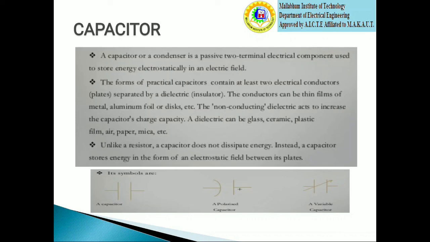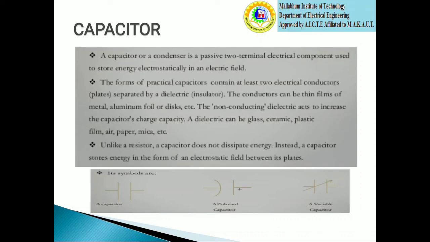A capacitor is also a two-terminal circuit element. It stores energy through voltage in the form of an electrostatic field, that is W = 1/2 C V squared.